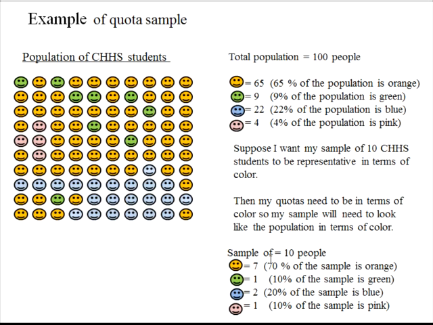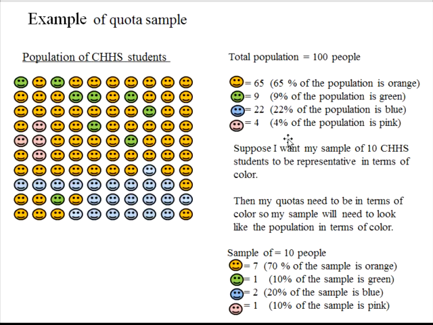Let me give you an example of that. So, suppose we have the population of CHHS students, and we need a sample of 10 students, right, from that population. And we want that sample to be representative in terms of color. So what we do is we know the distribution of color here for the population, right?